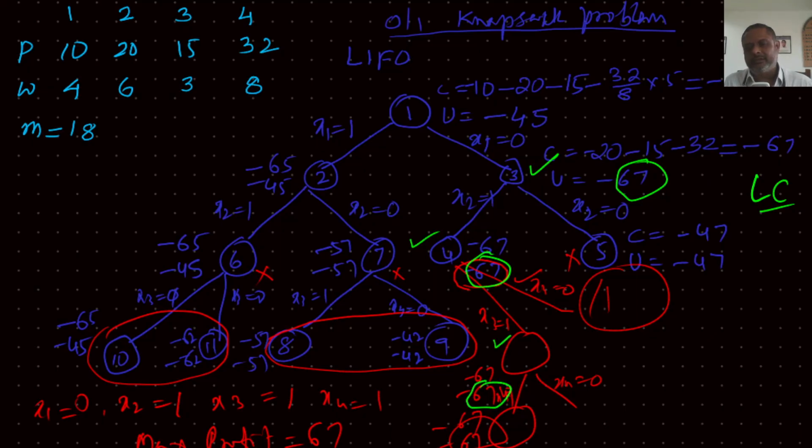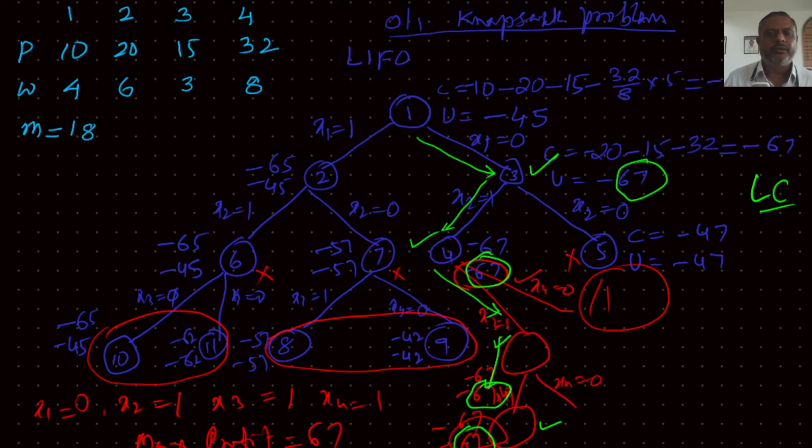Therefore, we continue with this, and finally we get another minus 67. So we continue with this, and the flow says x1 is 0, x2 is 1, x3 is 1, x4 is 1. So with least cost, you don't have to worry about all these things. We can directly get to the answer.